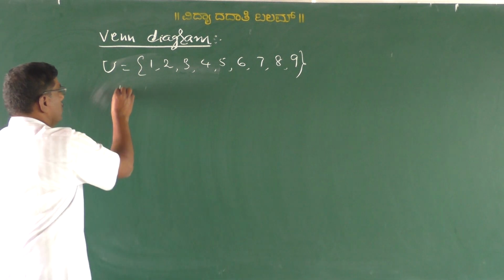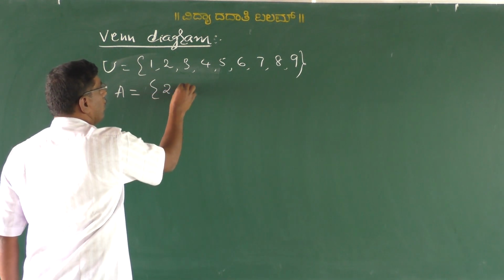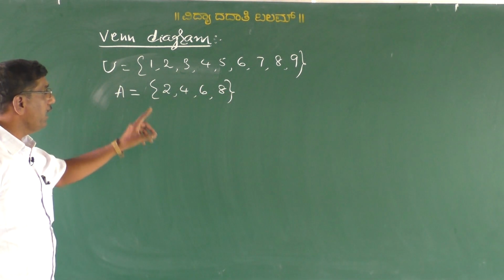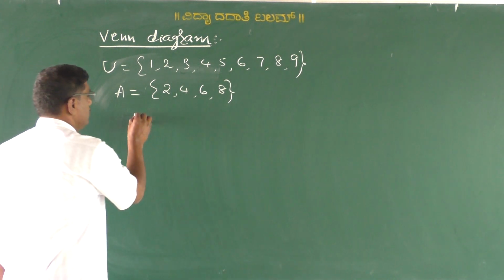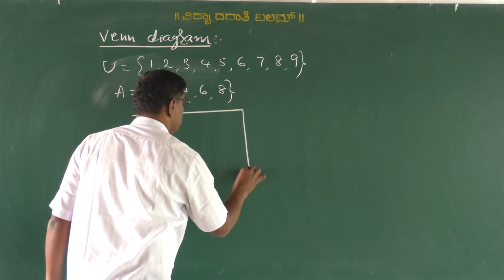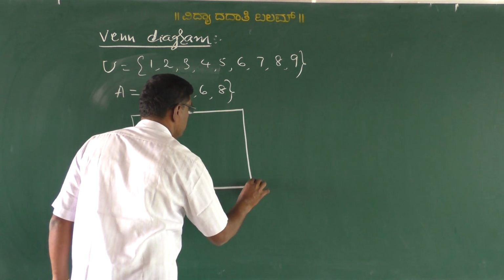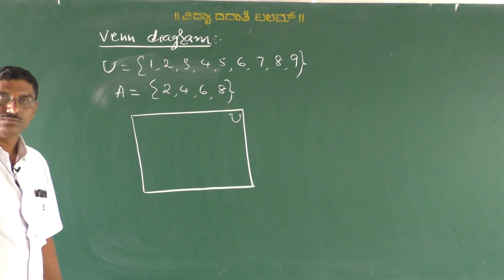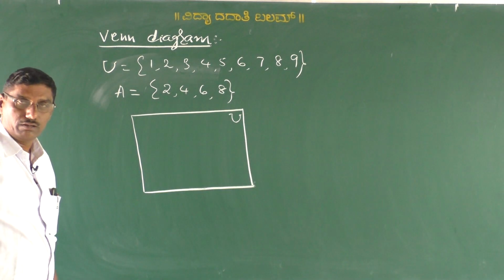If I consider a subset of this universal set as the set of all 2, 4, 6, 8, then the Venn diagram of these two sets is represented as follows. This is the universal set through a rectangular diagram.